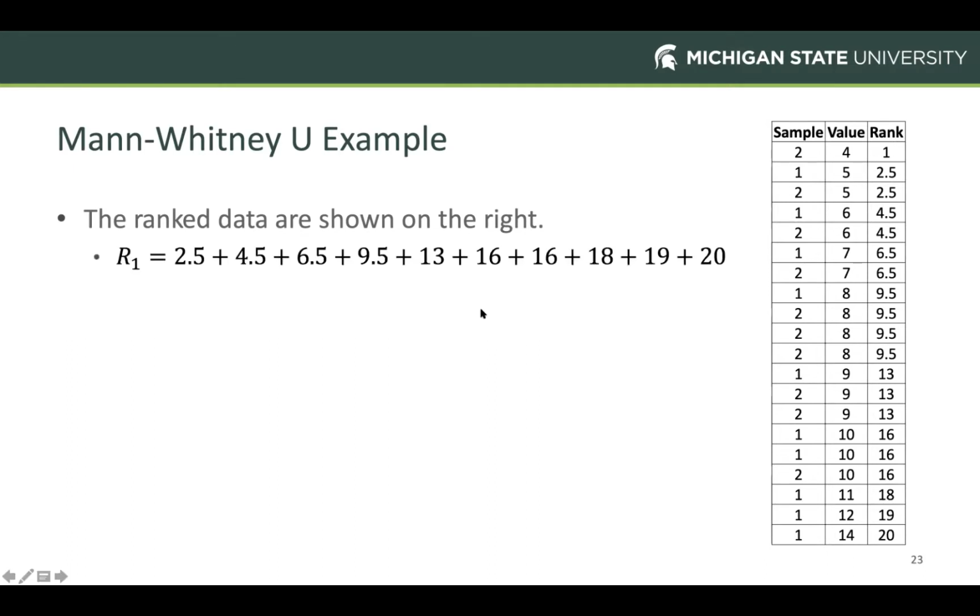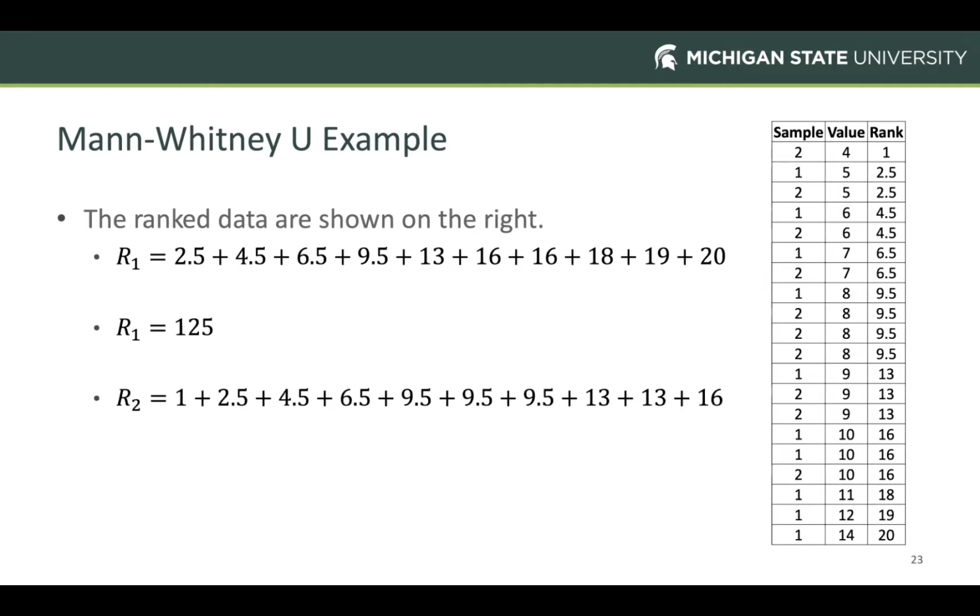And so what we're going to do now is basically sum those ranks within the respective sample. And so in R1, that sum is equal to 125. In R2, if we sum those respective ranks, those average ranks are equal to 85. And so this is reflective basically of the magnitudes of those values within the two samples.